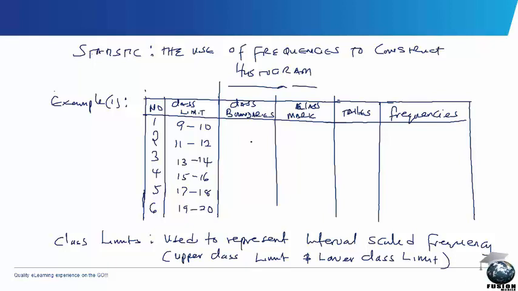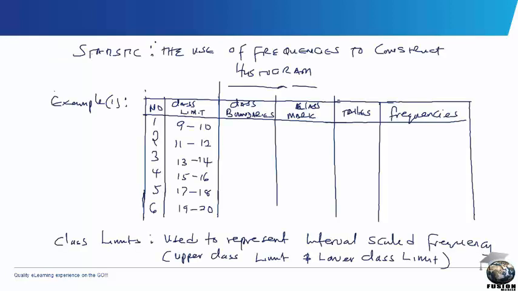Before we go into class boundary, I want us to talk about class width. The class width is defined as the number of units in a class, just like we have in the first class, 9 to 10, which includes numbers ranging between 9 and 10.